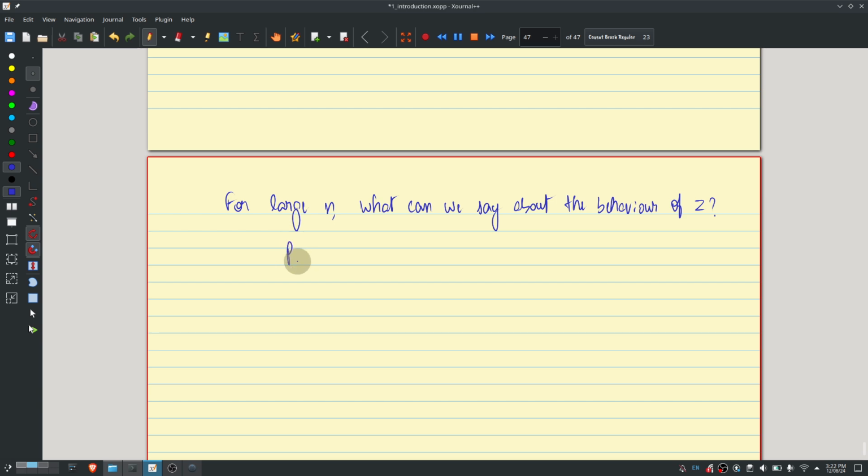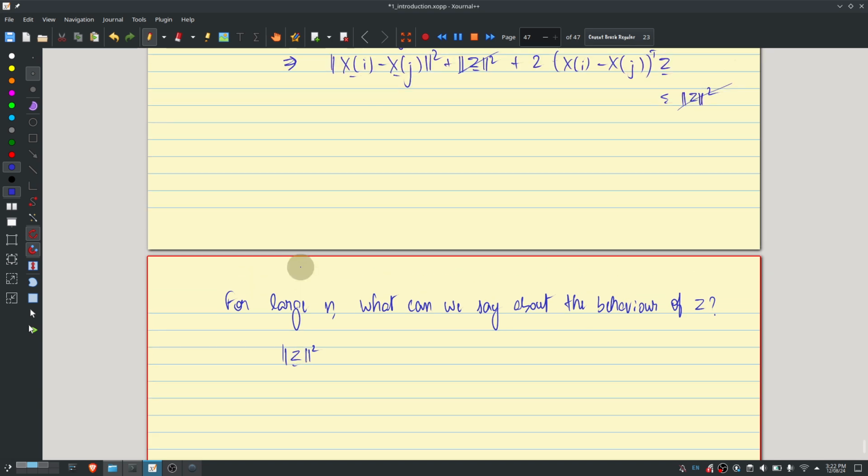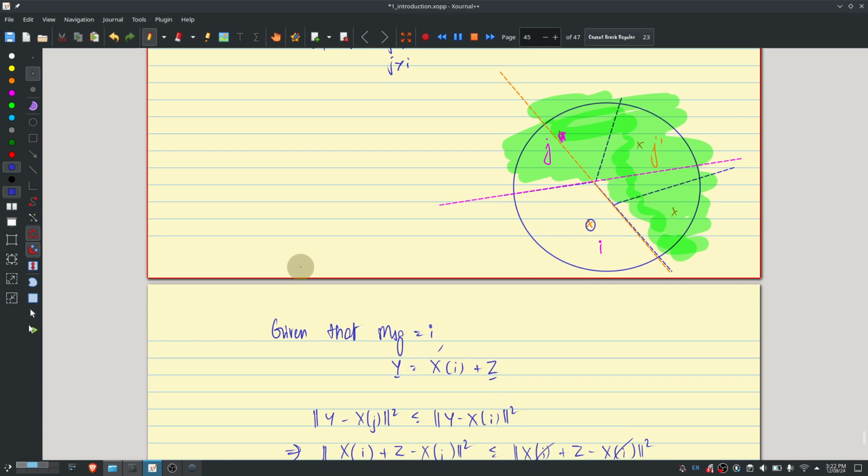So in particular, let's see what can we say about not just z but also the norm of z. Let me try to give some intuition as to why I'm interested in the norm of z. Now I'm interested in just this pair I and j.